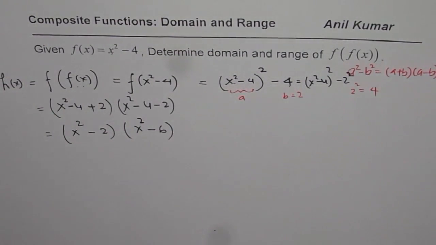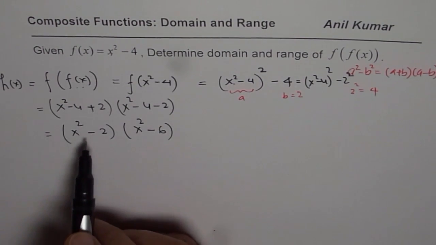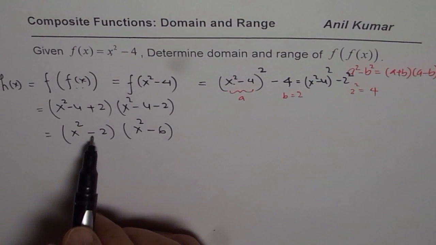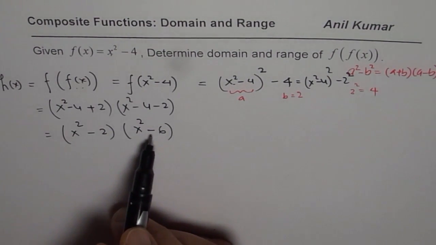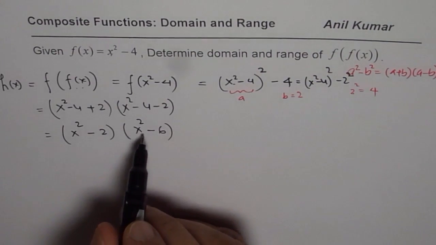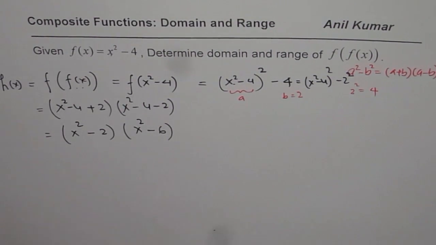So it becomes easier to factor. That is how it could be factored. Now, from here we know it has two roots at plus and minus square root of 2, and the other two roots are at plus and minus square root of 6. So those are the roots for the given equation.